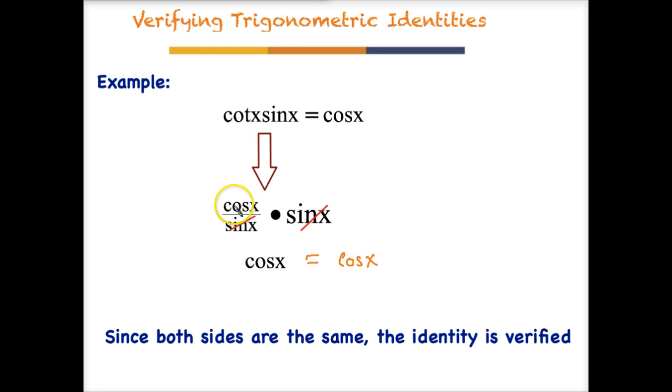This is the same thing as cosine x over sine x. And if we rewrite that, then we can see how the sine x and sine x can eliminate. And all we're left with on the left is cosine x, which in fact is equivalent to the right side, which is also cosine x. We have now verified the identity.